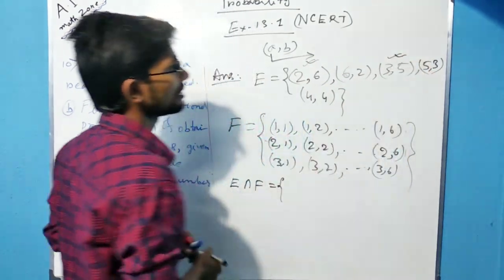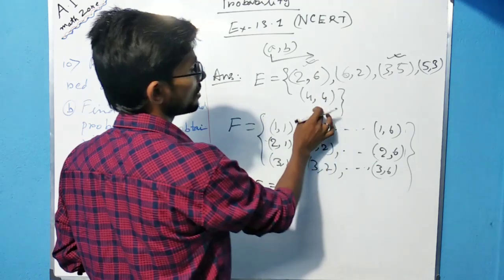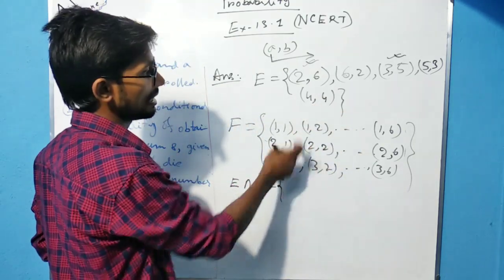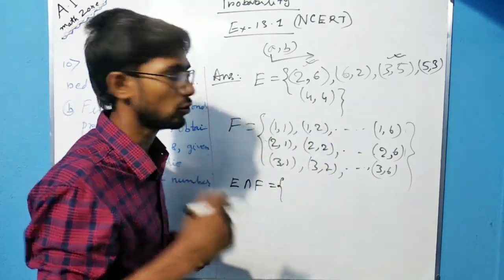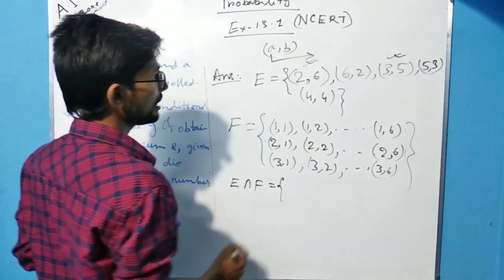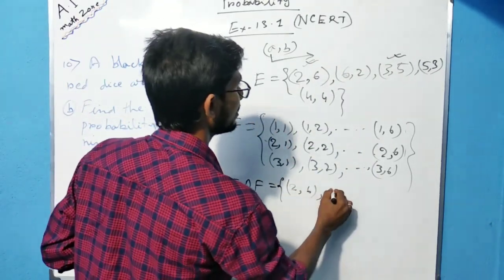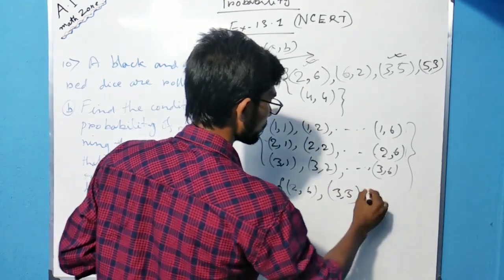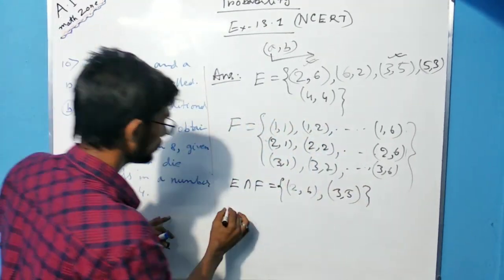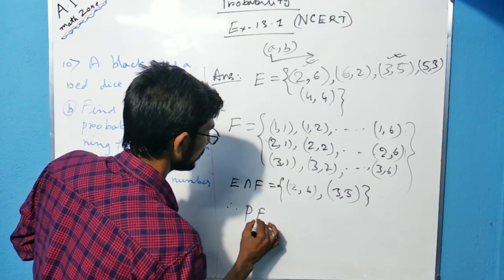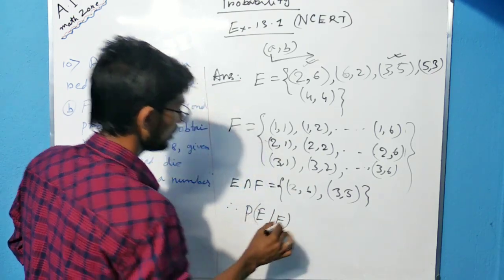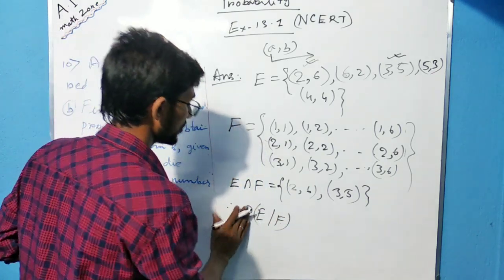This is the element 3, 5, and this one no, because there is no element starting with 4, right? So these two are the common elements, 2, 6 and 3, 5.